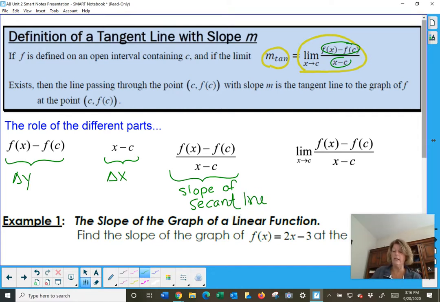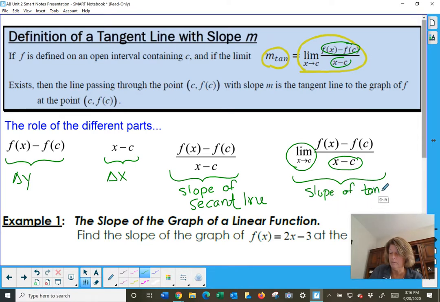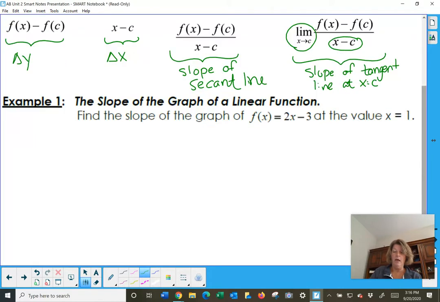And then finally, when we add the limit in front of it and we bring x really, really close to c, then this becomes the slope of the tangent line at x equals c. Very good. I think you do not have those on your worksheet, but you may want to add those. Those could be helpful.